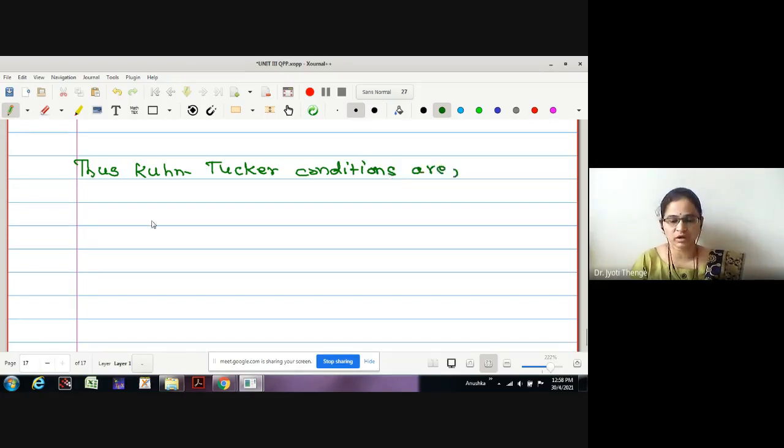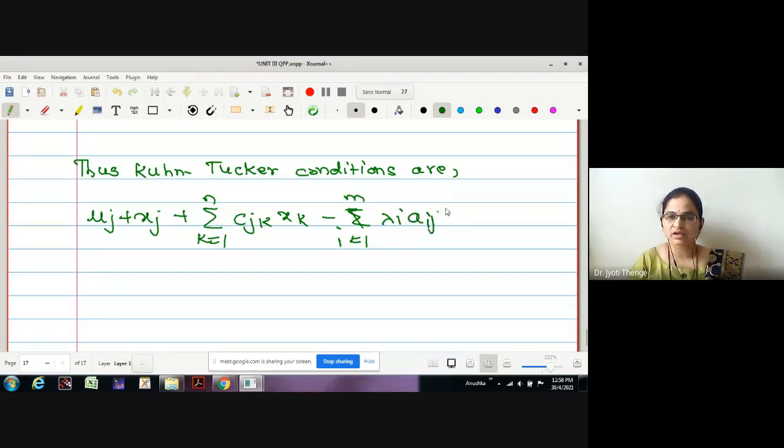What are the Kuhn Tucker conditions? Partial derivative with respect to xj, we have written mu j plus xj, summation k equals 1 to n, cjk xk, minus summation i equals 1 to m, lambda i aij, equal to 0, and this is for j equals 1 to n.